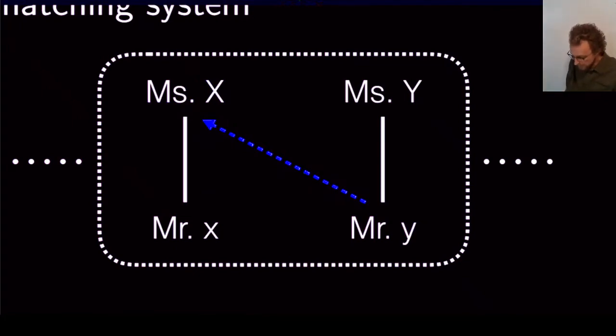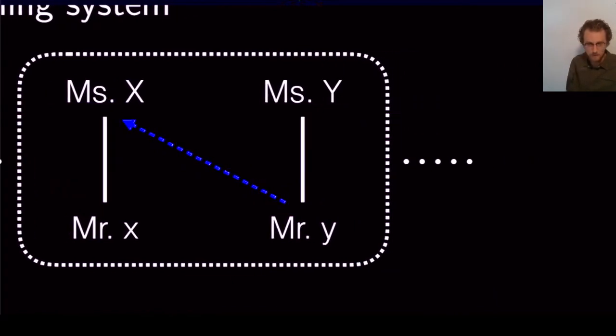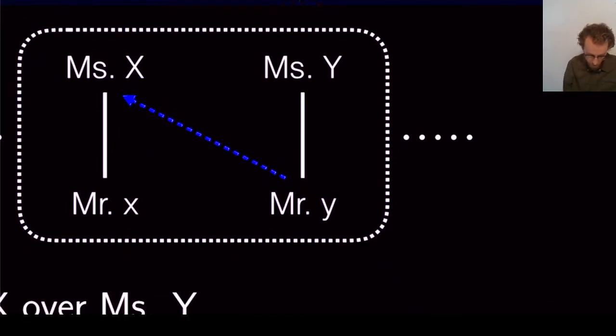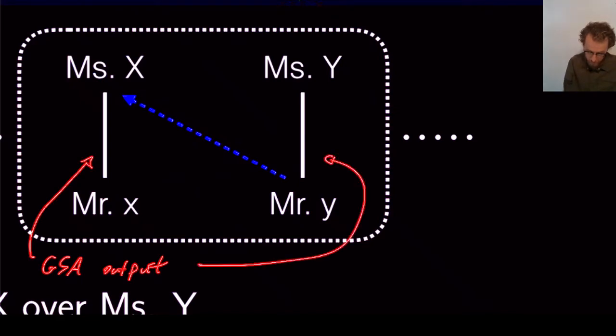Let's imagine for the sake of argument that we've got these 4, and the white lines correspond to the output of the Gale-Shapley algorithm.